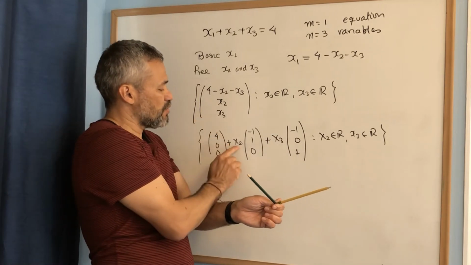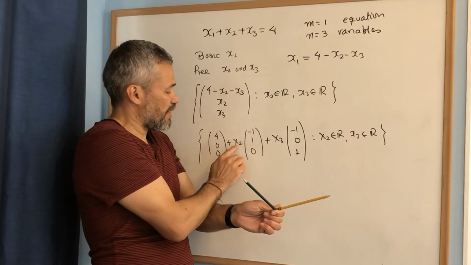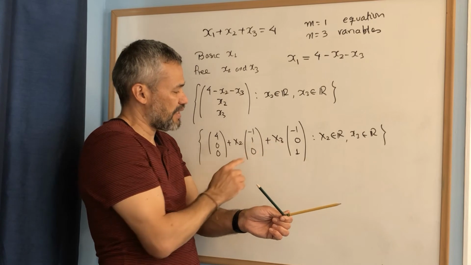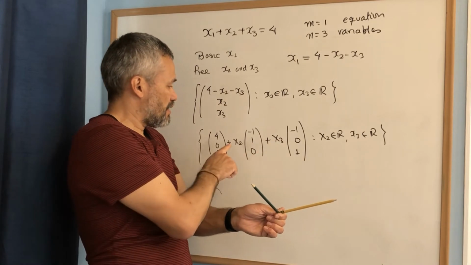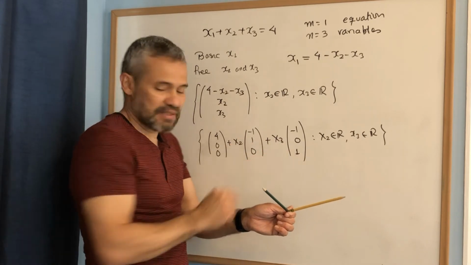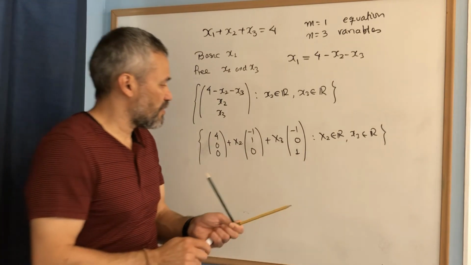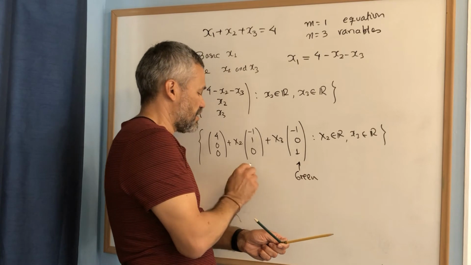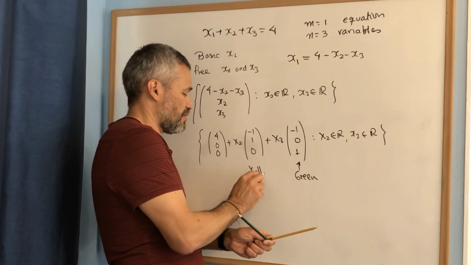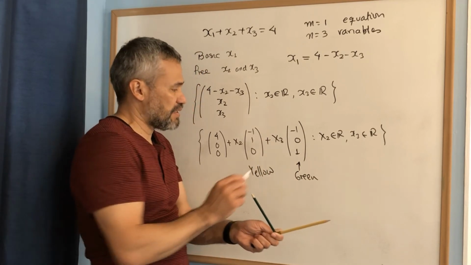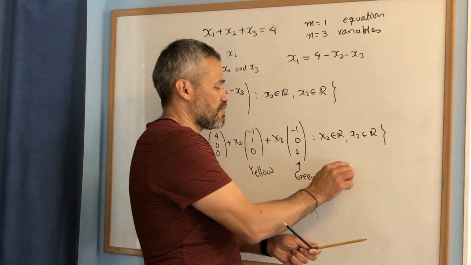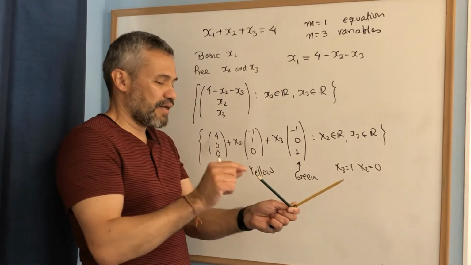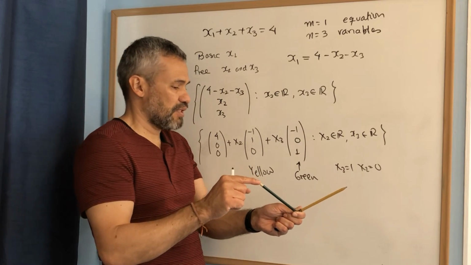But when x2 is 0 and x3 is 1, remember that this is the green vector and this is the yellow vector, then we are here at this point.